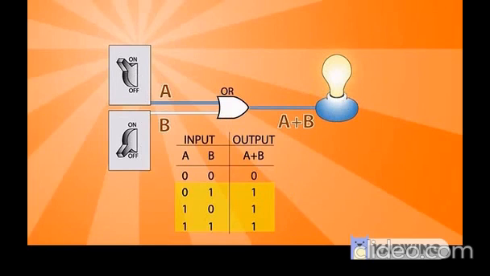But in case both the inputs are 0, or turned off, then the output bulb will also be turned off. So you understand this OR gate? It works similar to the word OR. When any of the inputs is high or even both the inputs are high, then the output will be high as well.